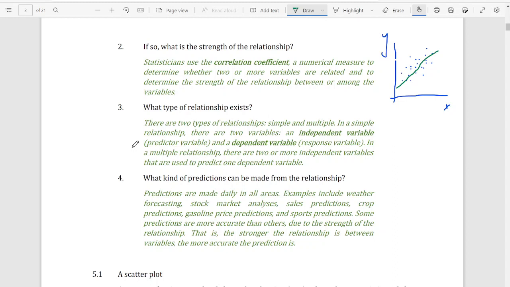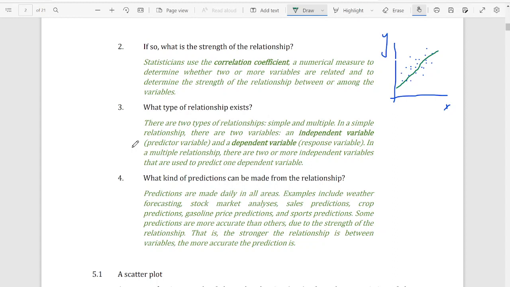So, we call this dependent variable because the value or the variation in the dependent variable depends on the variation in the independent variable. If the relationship exists. Kalau sekiranya dia punya perkaitan wujud, maka dependent variable ni akan bergantung, variasi dalam dependent variable akan bergantung kepada variasi di dalam independent variable.